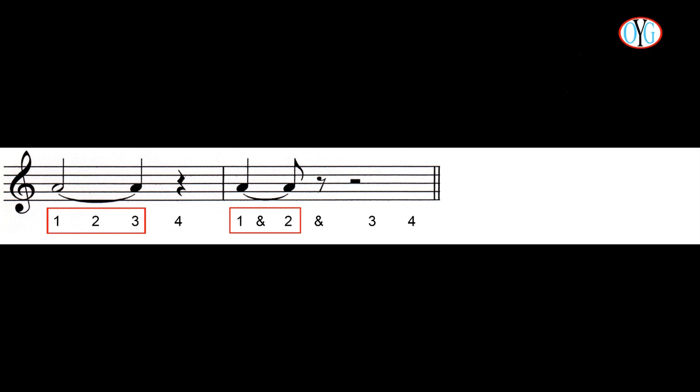Rest on 4. Okay? Now, in the second measure on the right, you see a quarter note tied to an eighth note. And again, below you see in the red box 1 and 2.